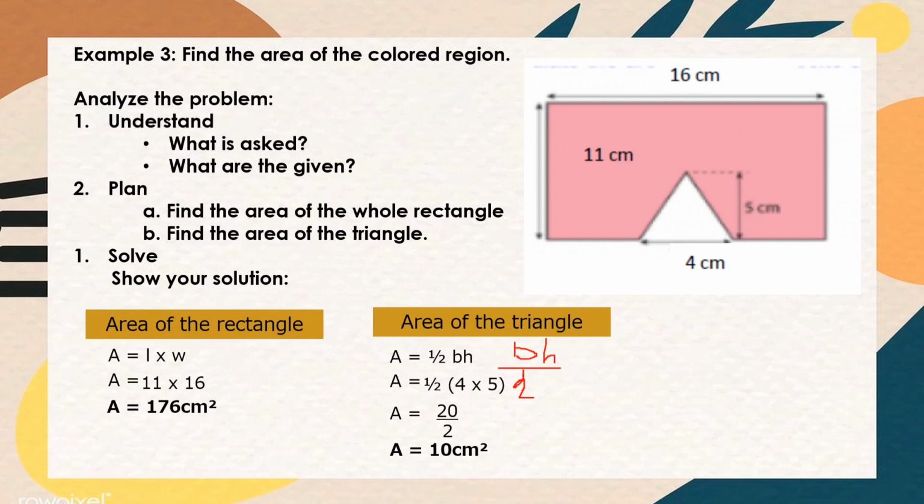Burahin natin to. Ayusin natin. Kung gagamit tayo ng base times height divided by 2, it can be like this. Base times height over 2. Our base here is 4 times height with 5, over 2.